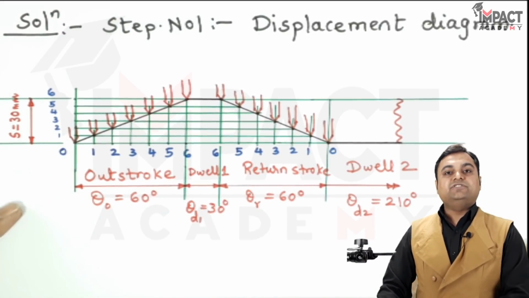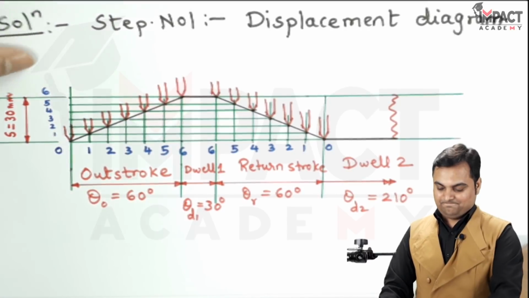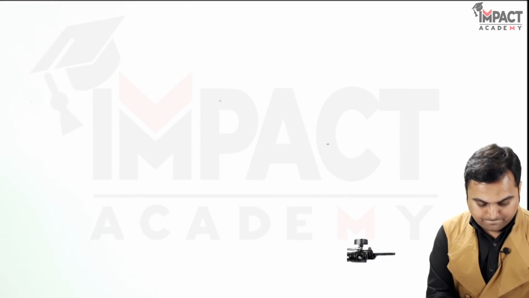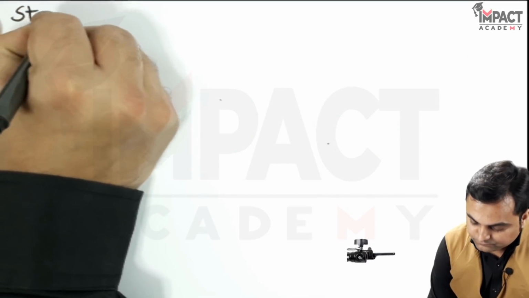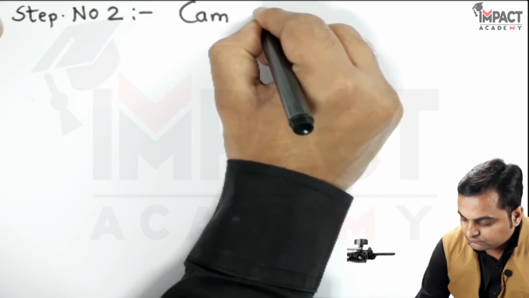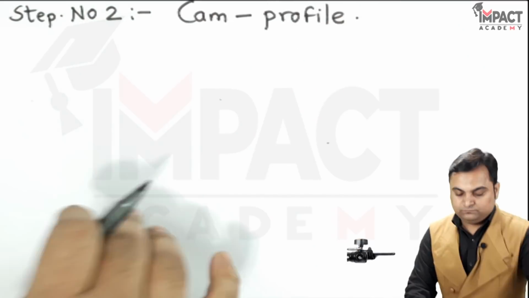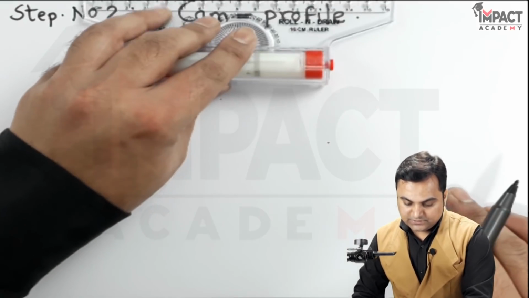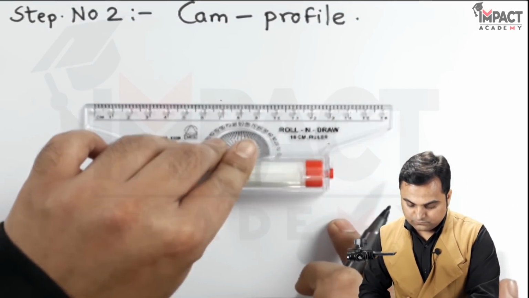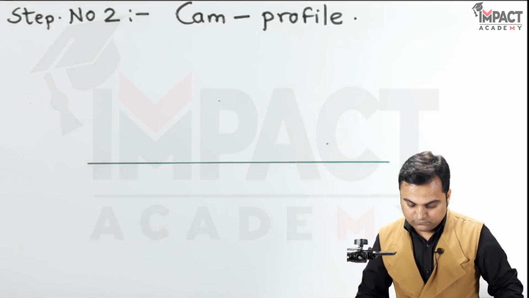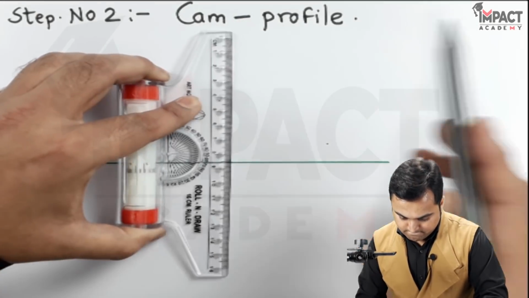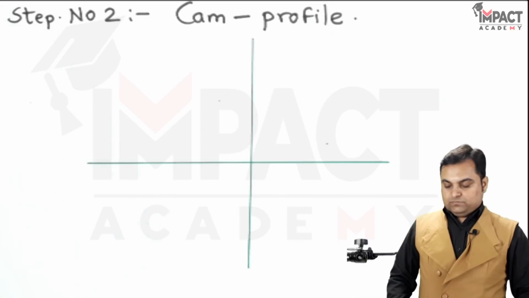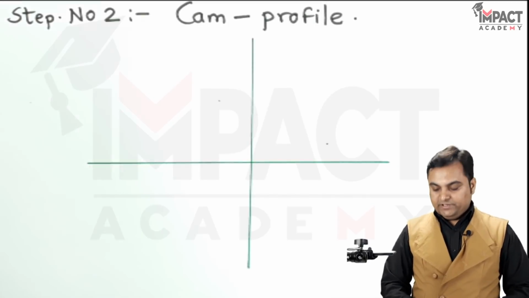Step number 2 is the cam profile. First, I'll draw light horizontal and light vertical lines.